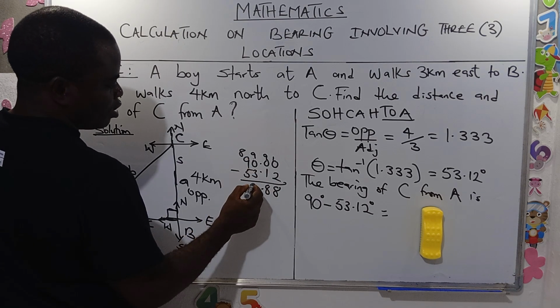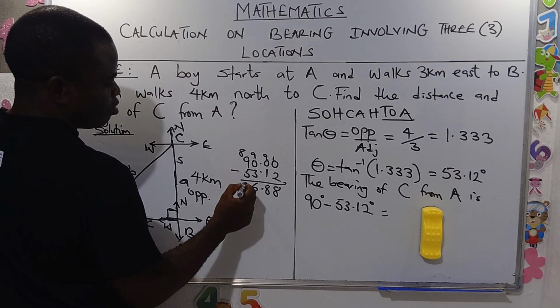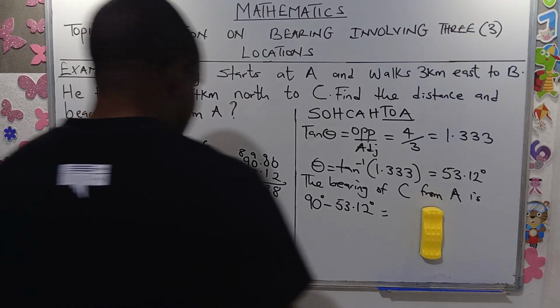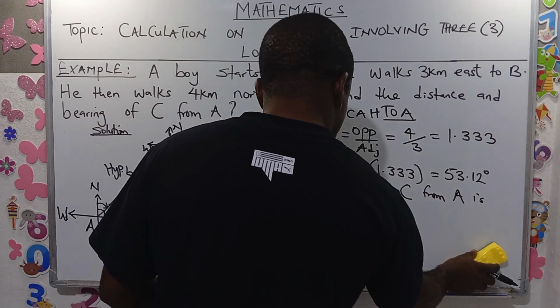Then 9 minus 3 is 6. 8 minus 5 is 3. That's 36.88 degrees.